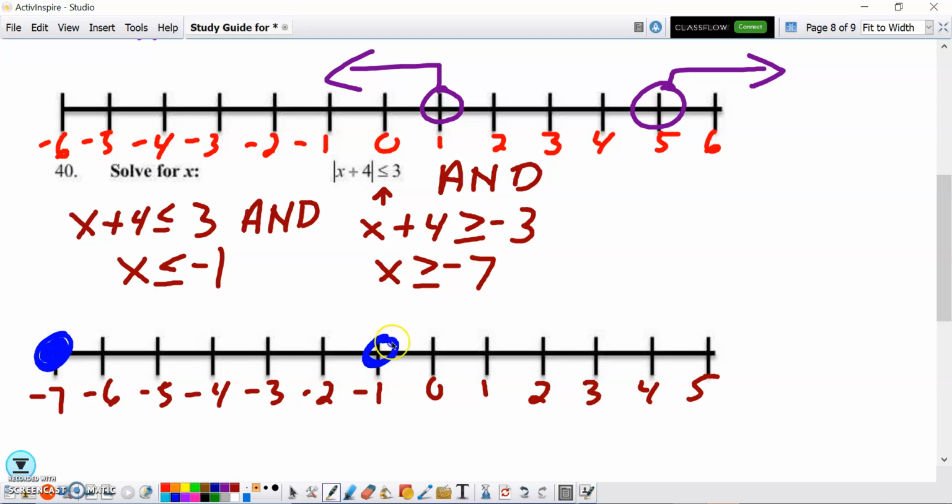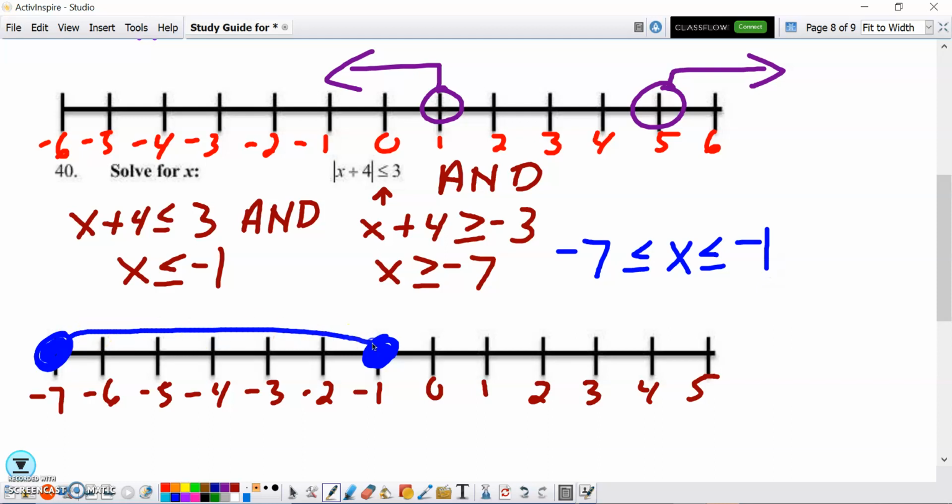We've got a solid dot on the negative 1. Now again, it's always a good idea to rewrite this. Since it's an AND situation, the x is in the middle. The lower number is on the left because x is bigger than negative 7. And the larger number is on the right. x is less than or equal to negative 1. Connect those two dots with a line, and there is our graph.